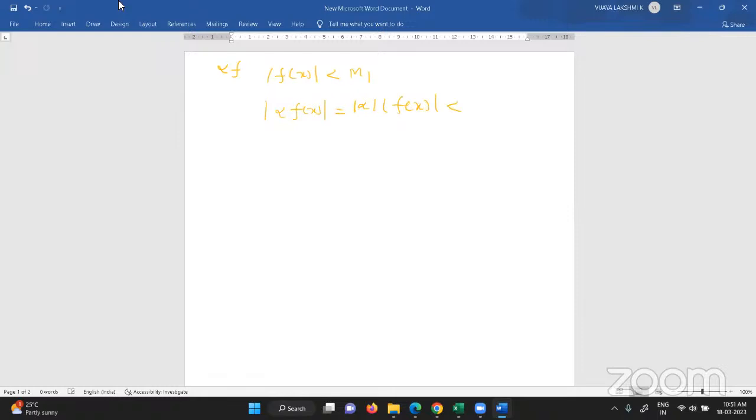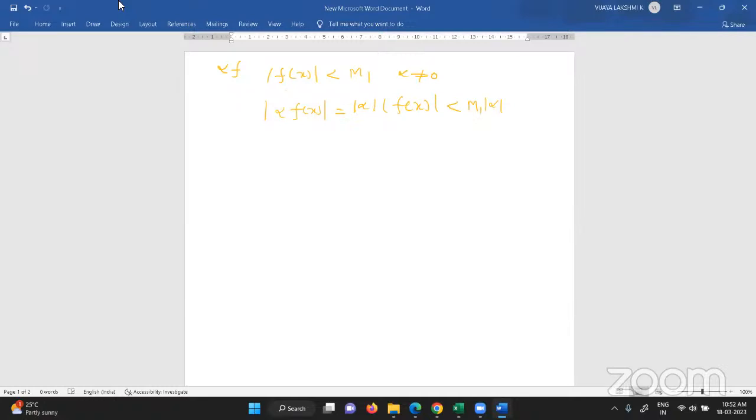This is less than mod alpha into m1. So that is the reason, whenever f of x is bounded, alpha into f of x is also bounded. If alpha equal to 0, nothing to prove. And if alpha not equal to 0, here you take alpha not equal to 0.